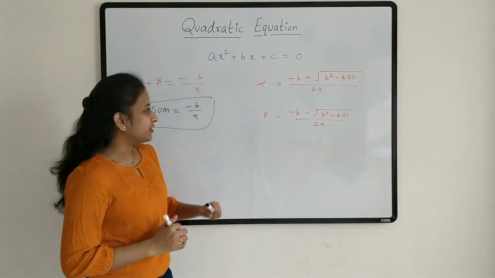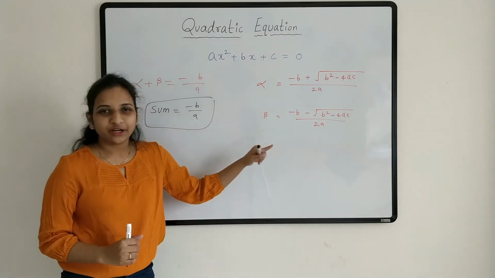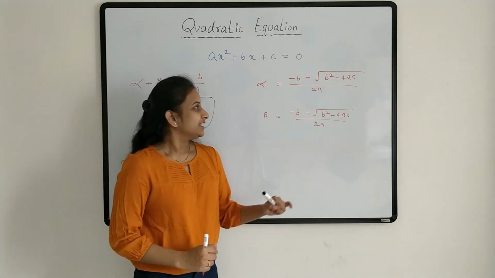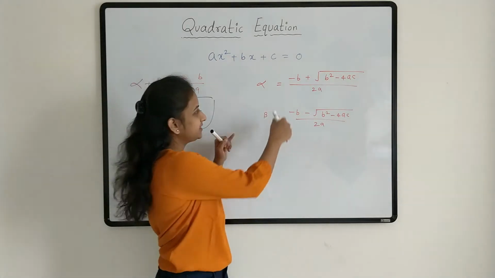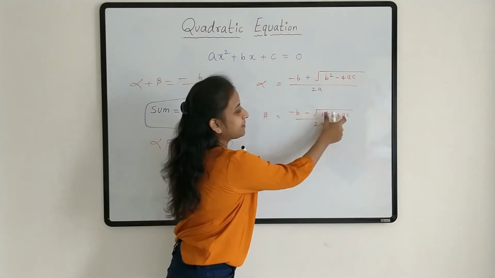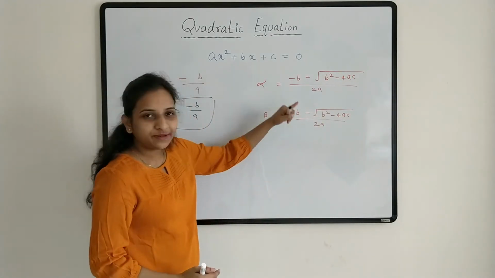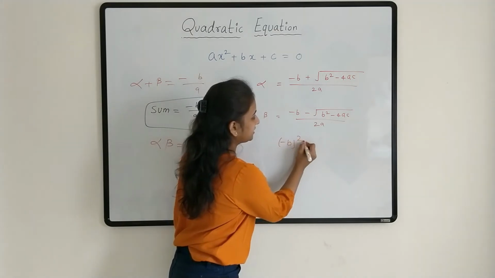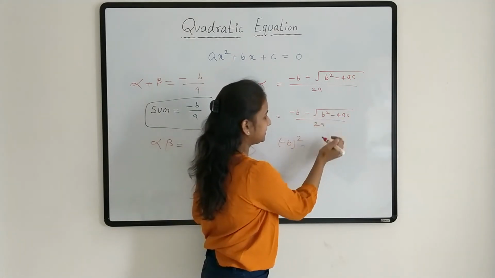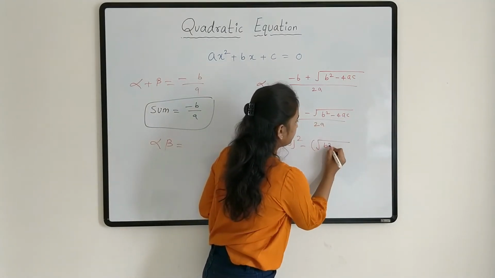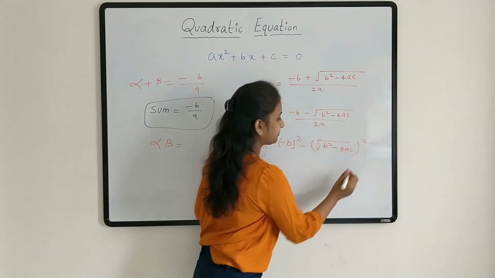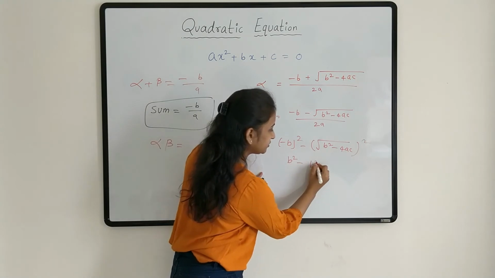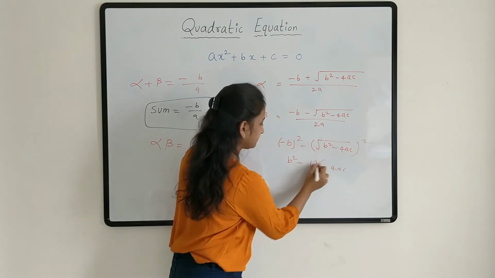Now let's check what will happen if we multiply the roots. Alpha into beta. Numerator value. This is a plus b. This is a minus b. So multiplication of a plus b into a minus b will get a square minus this term square root of b square minus 4ac square. So we are left with b square minus b square plus 4ac.